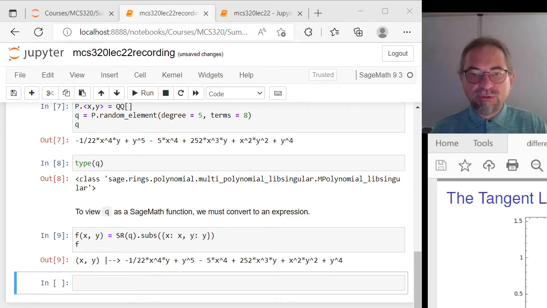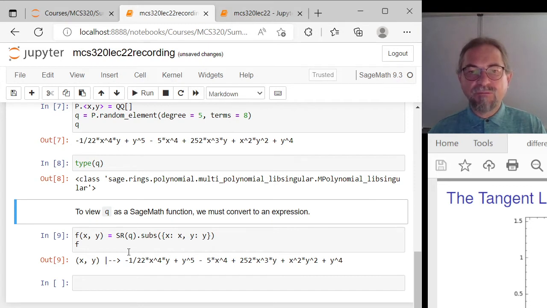In the input cell 9, I defined x and y as the formal parameters of the function f. So they are defined at the left. So I'm using twice the x and the y. In input cell 7, anything that would be typed in x and y would automatically be considered as a polynomial with rational coefficients.